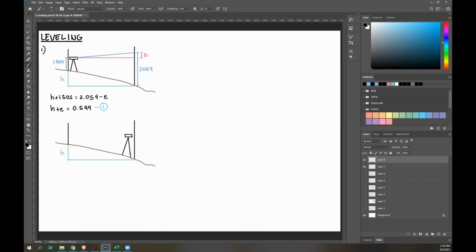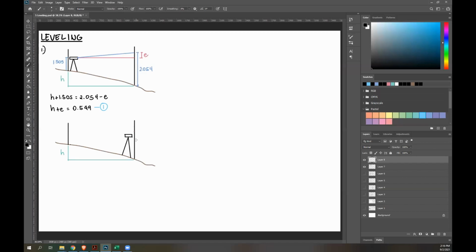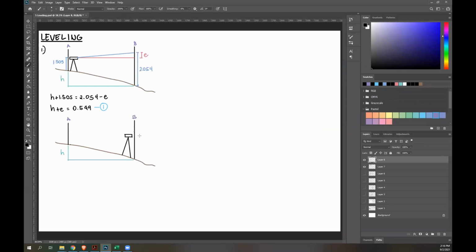I want to get the reading here at B. Let me just mark these out. So this is your A, B, A, B. I want to get the reading at B for instrument near B. So the rod reading on B is 1.449. And then we're going to get the reading at A.